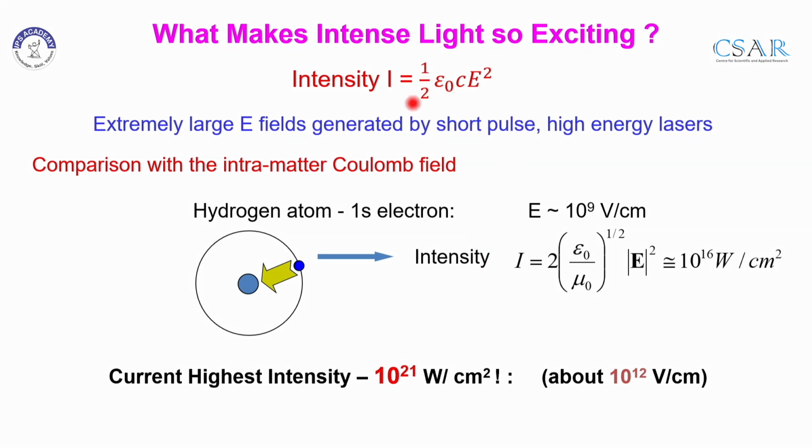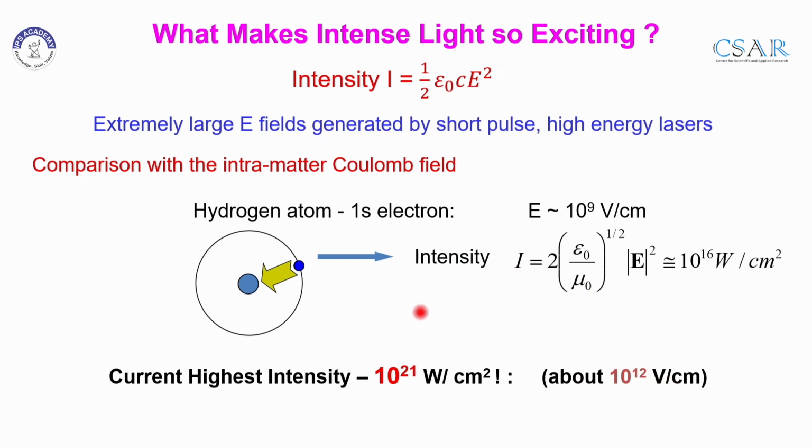This generated electric field is normally compared with the Coulomb field, with the test case being the hydrogen atom, where the Coulombic field is typically close to 10^9 volt per centimeter. If the intensity is calculated, the atomic intensity comes to 10^16 watt per centimeter square. The current highest intensity available is in excess of 10^21 watt per centimeter square, and the electric field is 10^12 volt per centimeter.